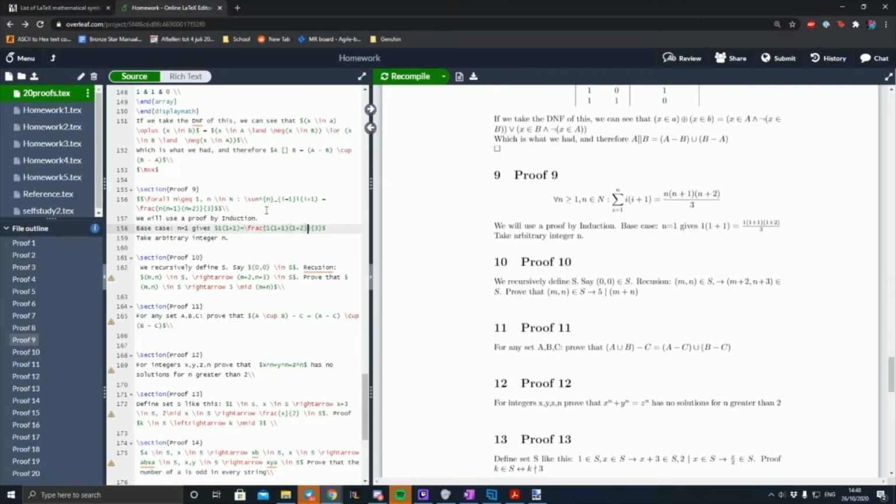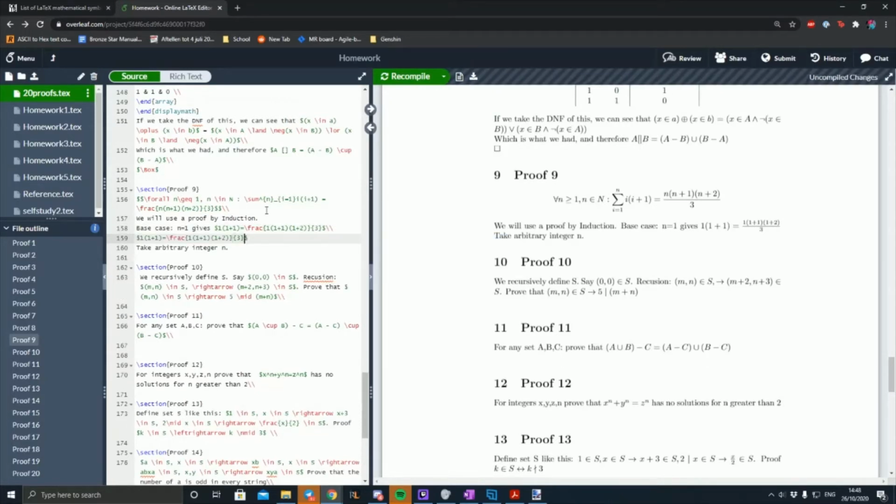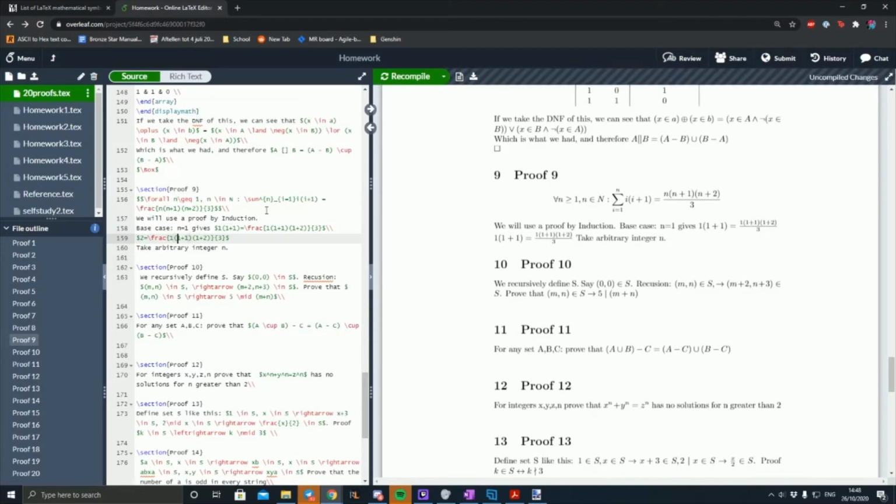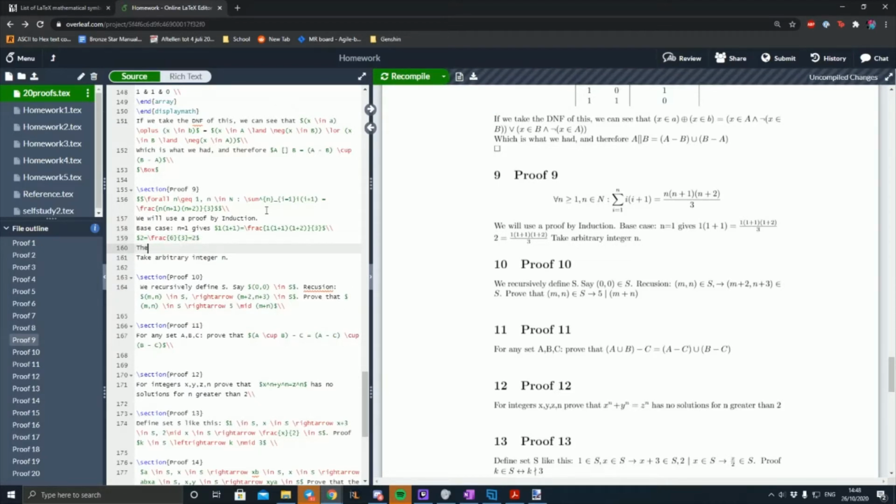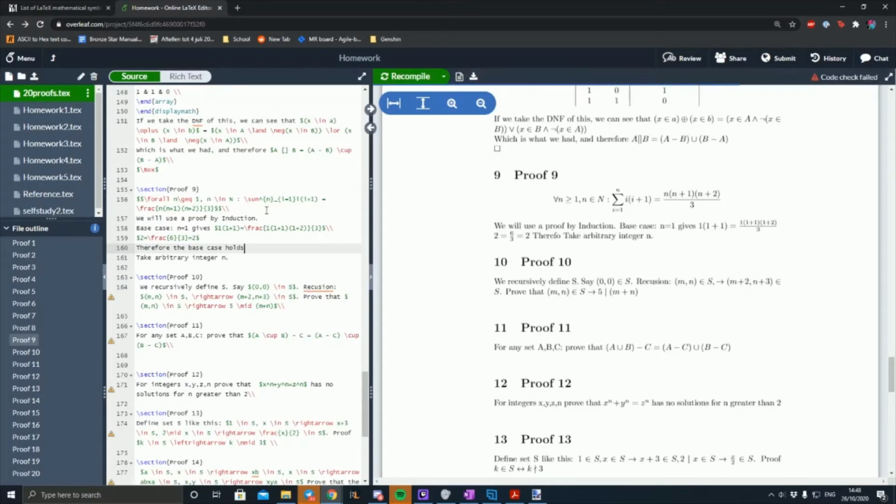So here we can say 1 times 2, that's just 2, is equal to 1 times 2 times 3, which is 6 over 3, which equals 2. Therefore the base case holds.